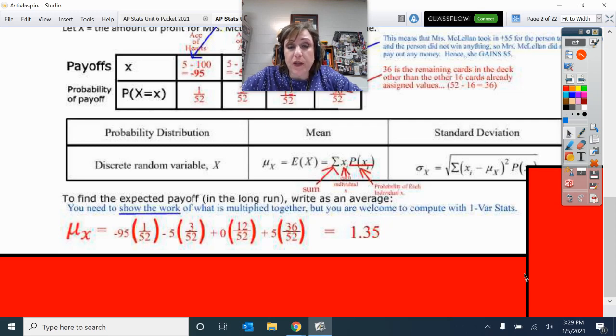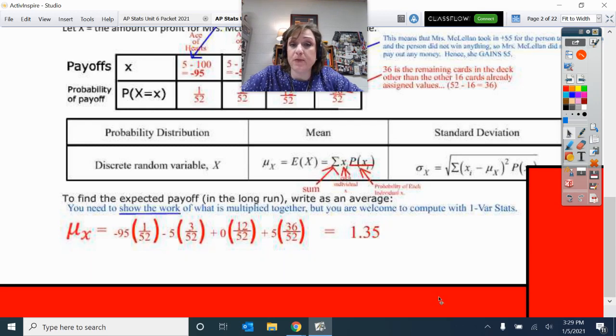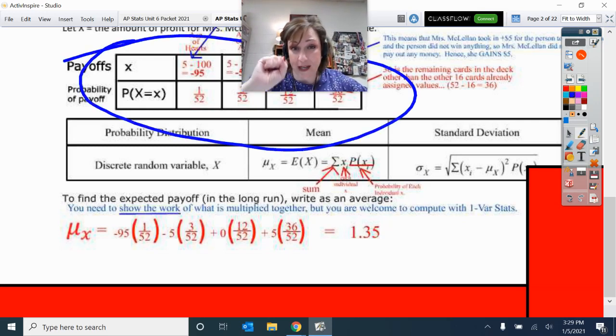Now I'm going to show you a shortcut of how to write this and how to compute this in your calculator, of course. Now, FYI, what happens in terms of the shortcut of how you could write this? You can only do this shortcut if you have this table written out. Because if you have this table written out, then the sequence of events is shown. If you do not have this table written out, then you have to show all of these parts.